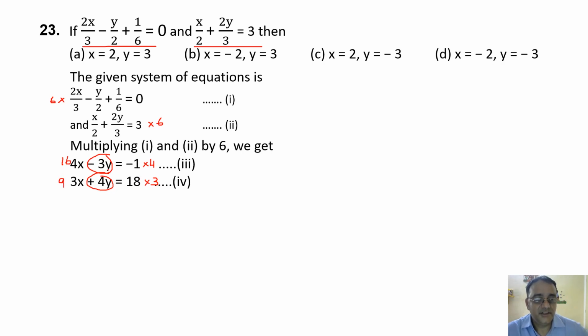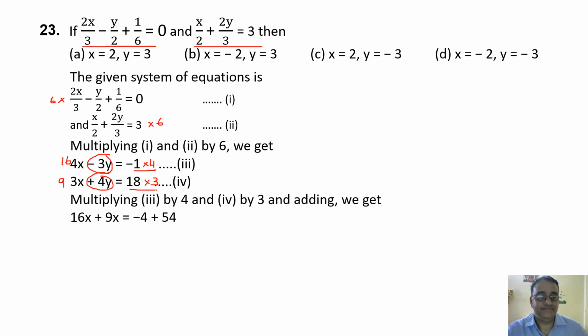Right. So these two will be cancelled and we are getting 16x plus 9x is equal to minus 4 plus 54. Whether this is clear? Yes, sir. Okay. So that means 25x is equal to 50. So what is the value of x? 2. Right.